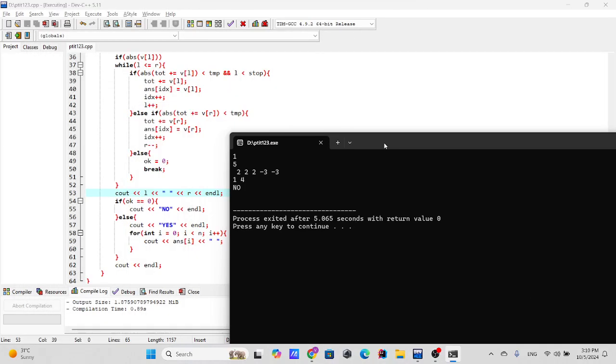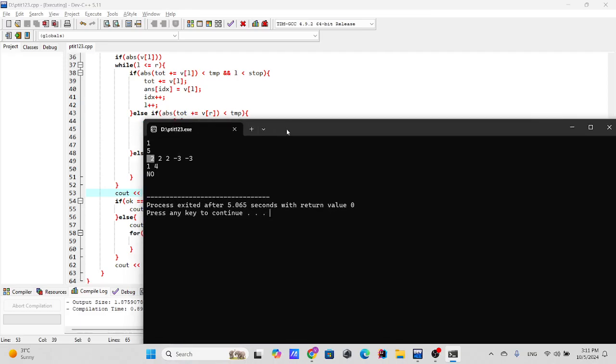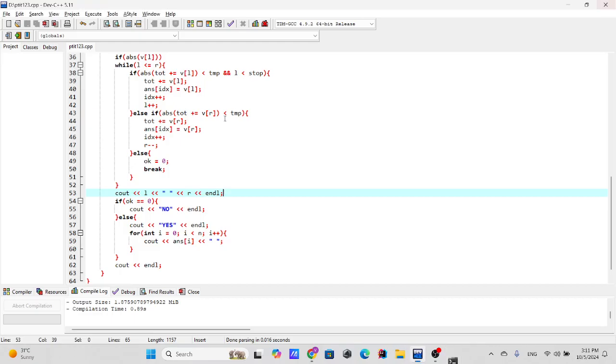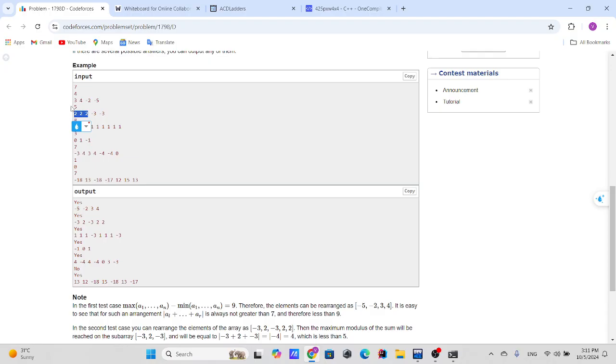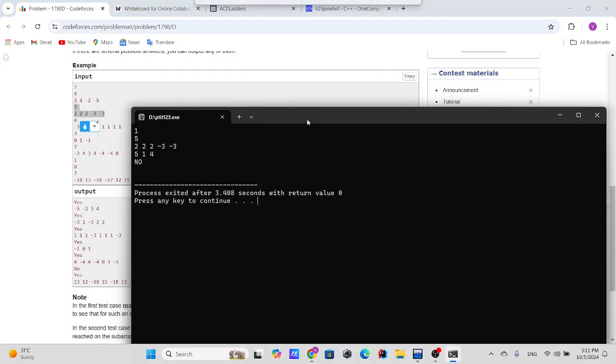One here. Huh? Total is 0. Alright. It will get 2. Then it will get -1. Can I at least know what the temporary is? What's the temporary here? 5.